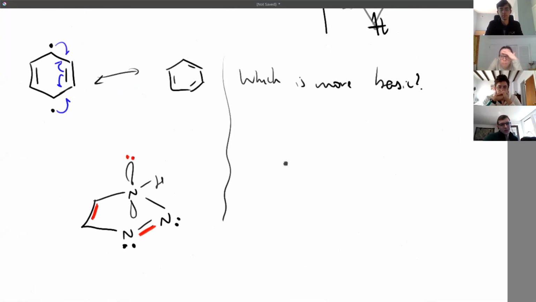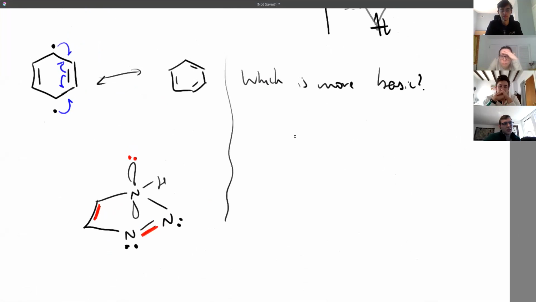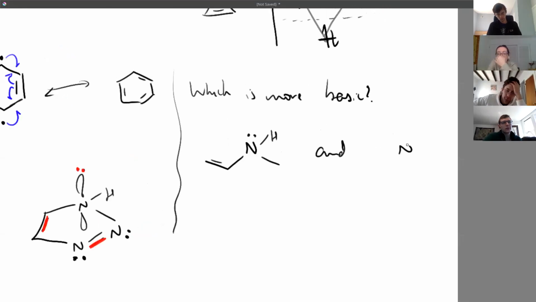Again, because we're doing nitrogens again. So the question would be, compare the basicity of this molecule and this molecule.